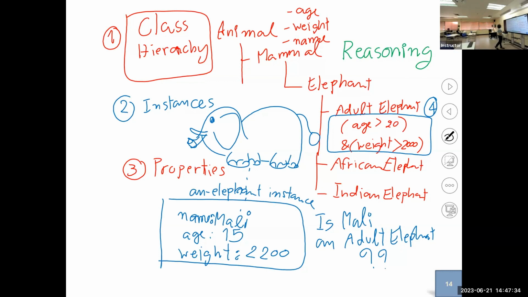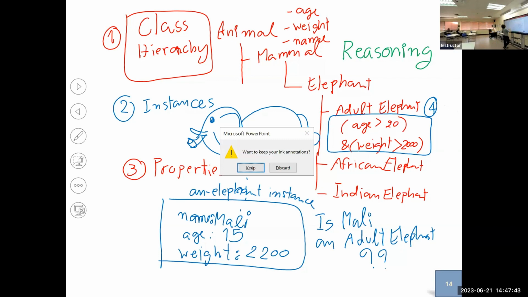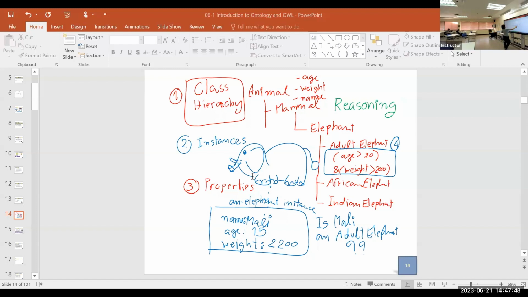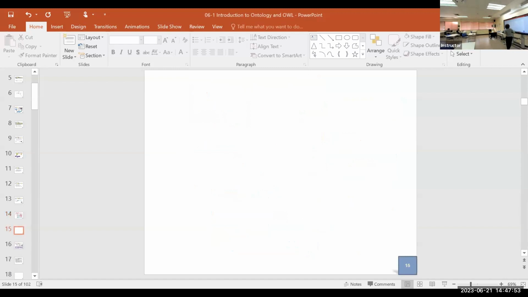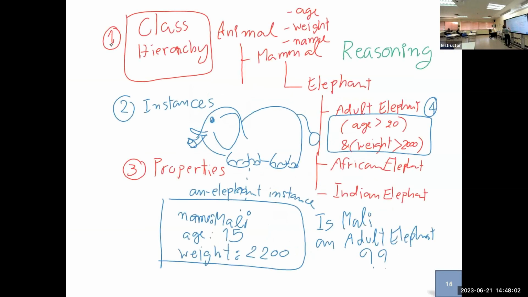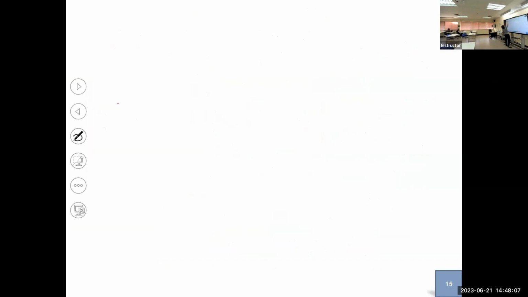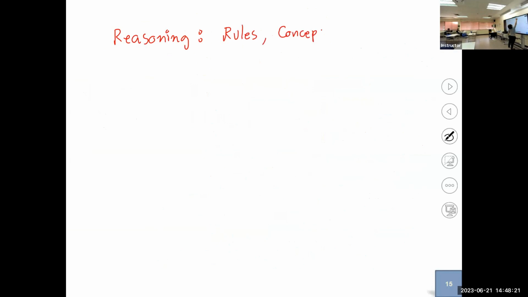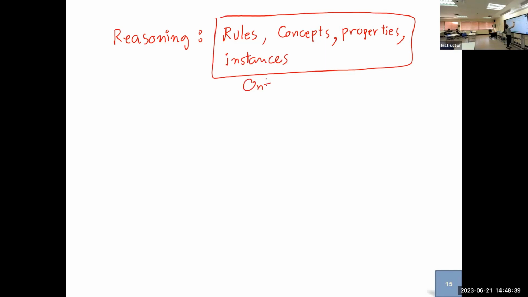Actually, this is ontology, right? I did not write in some order.